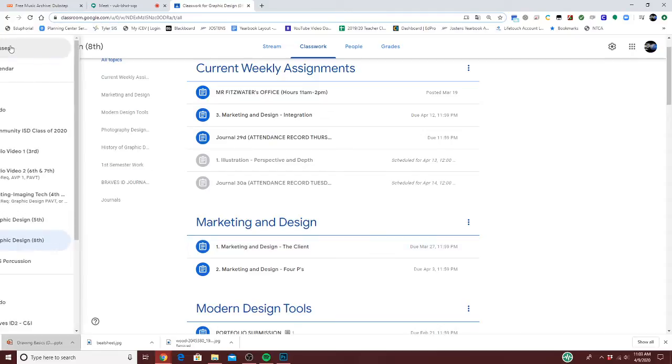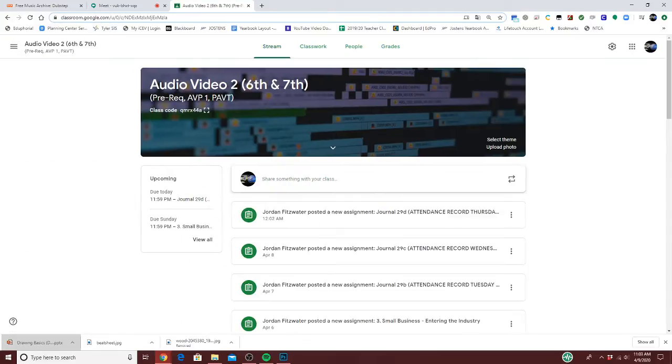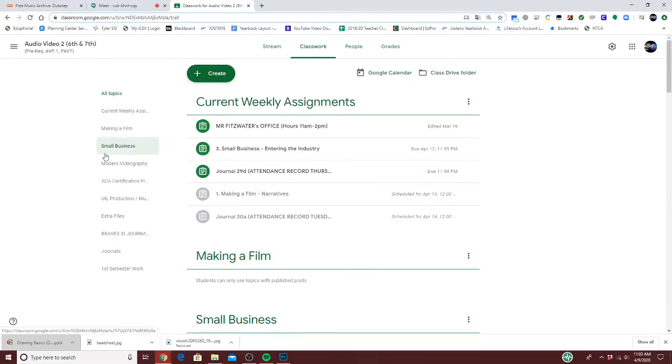If you are in AVP 2, or if you are in printing and imaging technology, you were doing the small business unit kind of staggered, and each one specific to the production industry and then the graphic design industry.